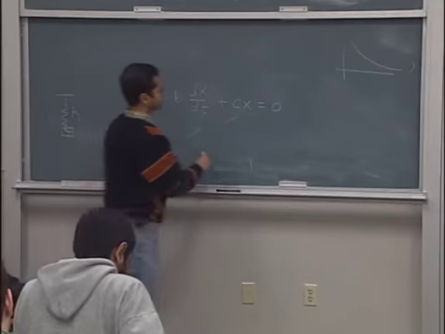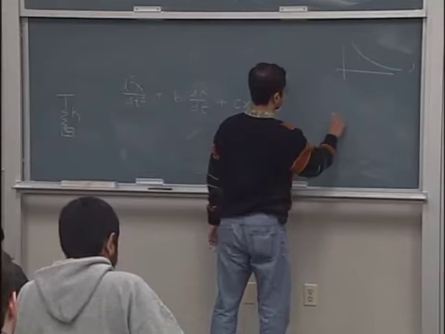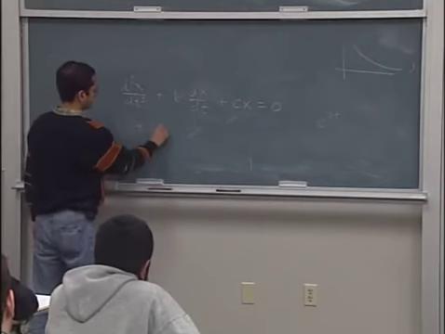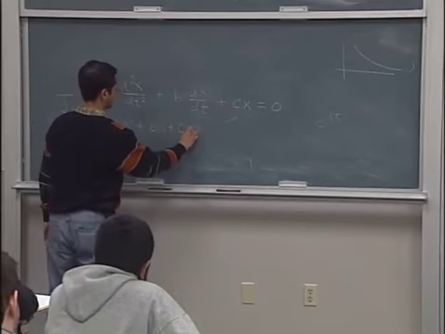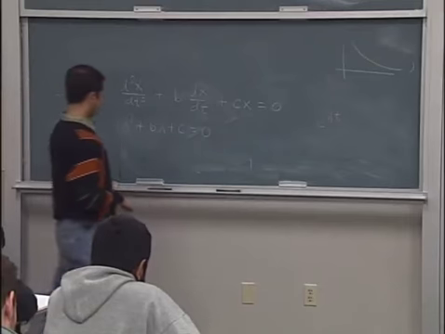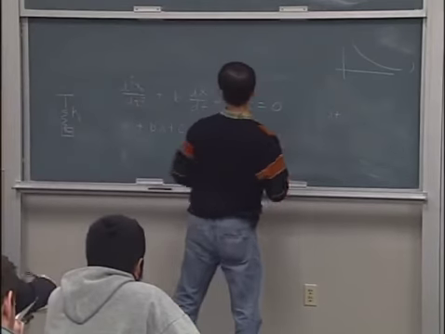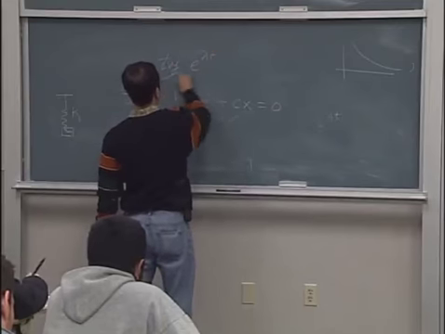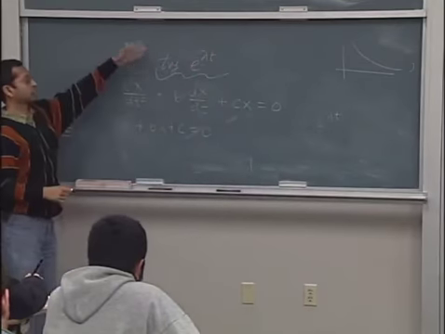If I put e to the power lambda t, I get lambda squared plus b lambda plus c equals 0. And the solution for this, if you remember, try e to the power lambda t. So that's the general answer. That's what you always do.